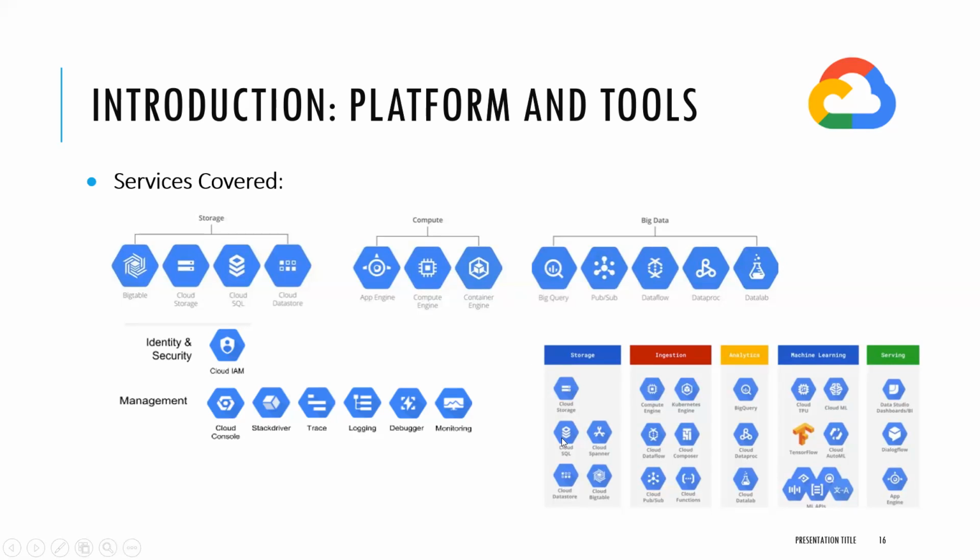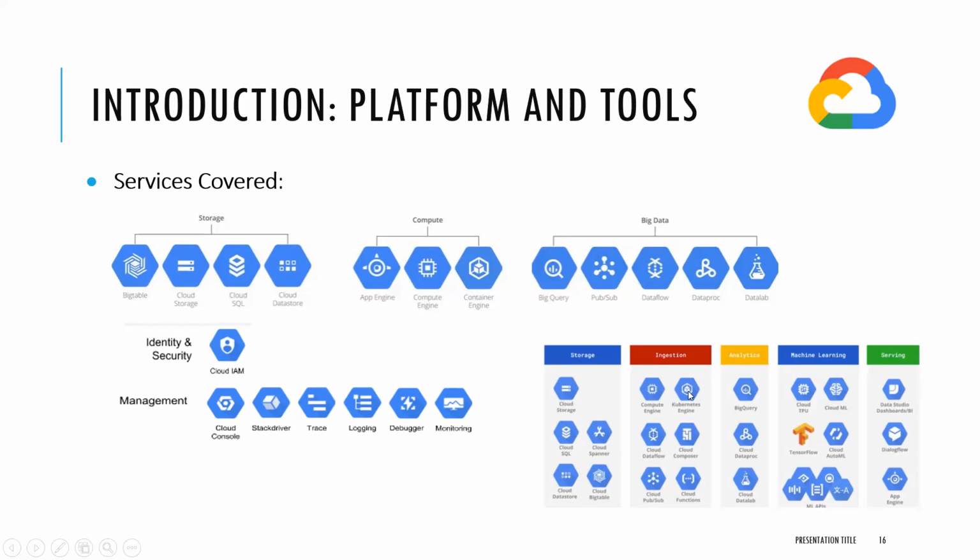So Cloud Storage, Cloud SQL, and the advanced version, which is more spread across multiple geographies, is Spanner. Cloud SQL and Spanner are the relational database versions.